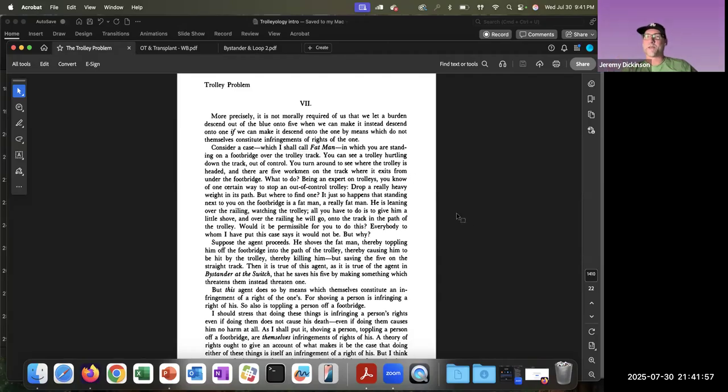And then here's the important condition, an important two-letter word, if: we can make it descend onto the 1 by means which do not themselves constitute infringements of rights of the 1. Okay, so it's a complicated way she writes the sentence. It's grammatically fine. It's just a complicated way of putting her point here.